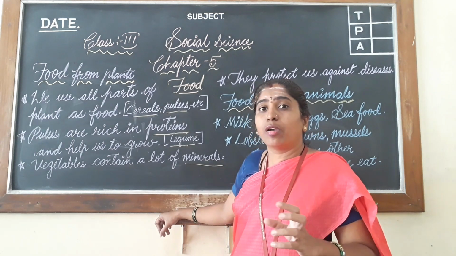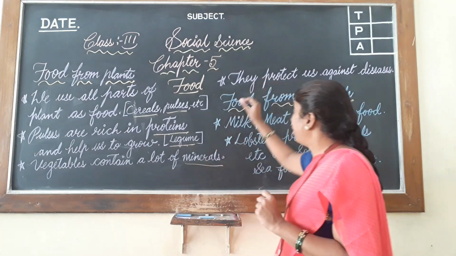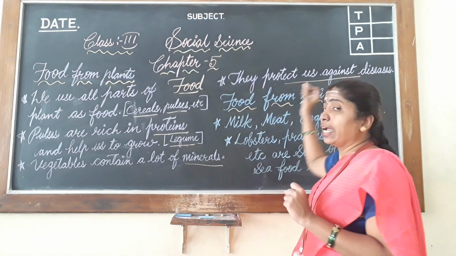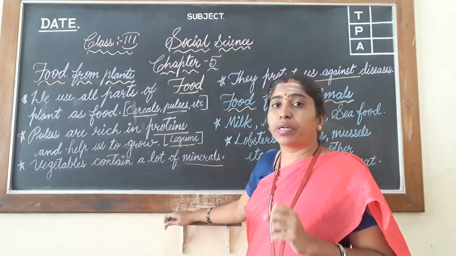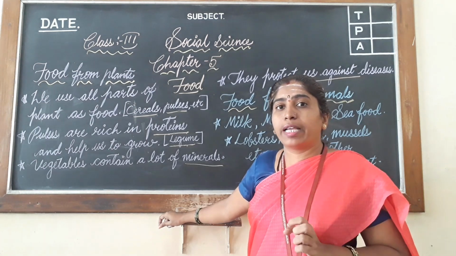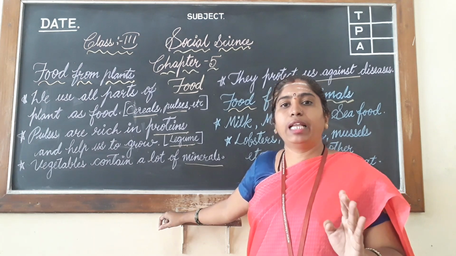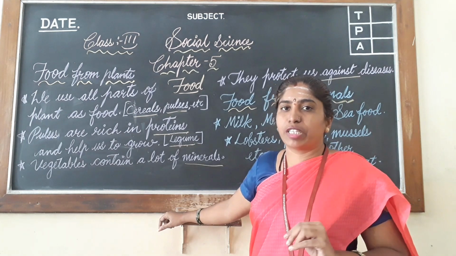They contain a lot of minerals. Why? They will protect us against diseases. Minerals will protect us against diseases. Nowadays, this corona is affecting more. So to get protection, daily you have to eat vegetables.